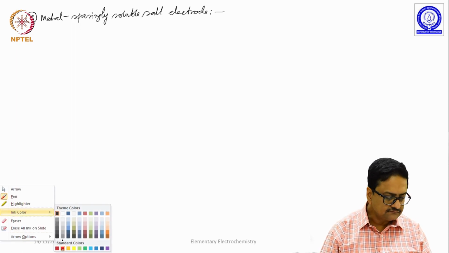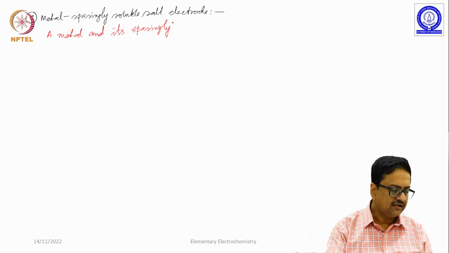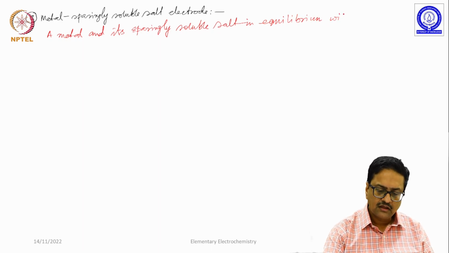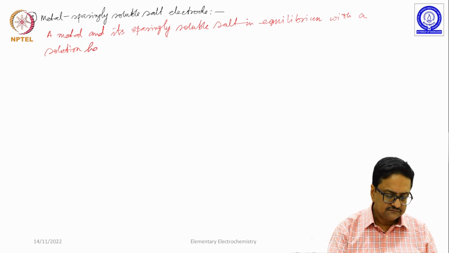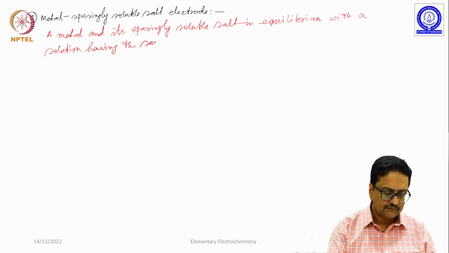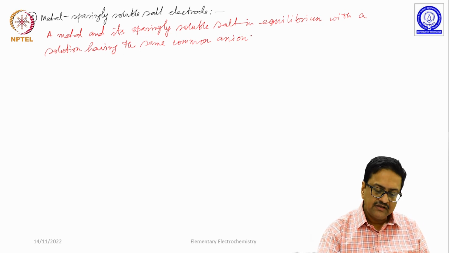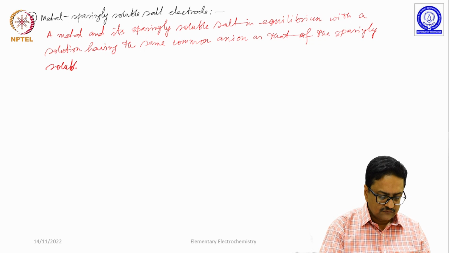In this case, we take a metal and its sparingly soluble salt in equilibrium with a solution having the same common anion as that of the sparingly soluble salt.